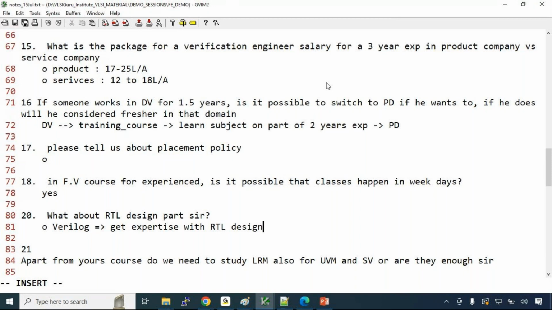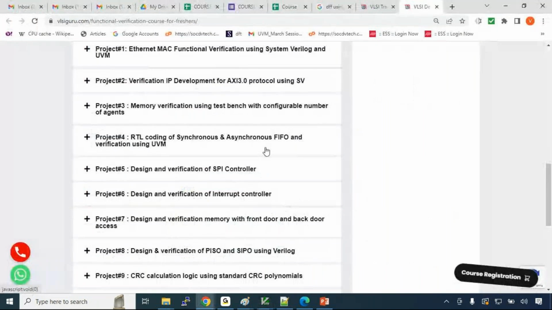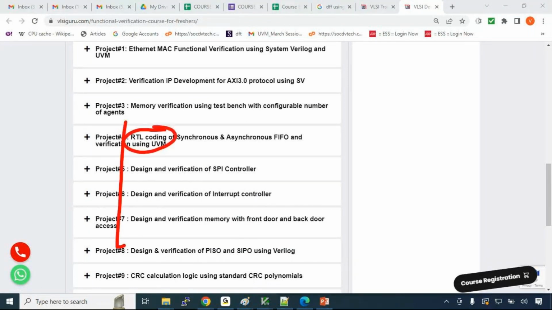We will be doing around 5 to 6 projects. In these projects: synchronous and asynchronous FIFO, SPI controller, interrupt controller, parallel in serial out. This is all about RTL coding only, all to gain expertise with RTL coding.